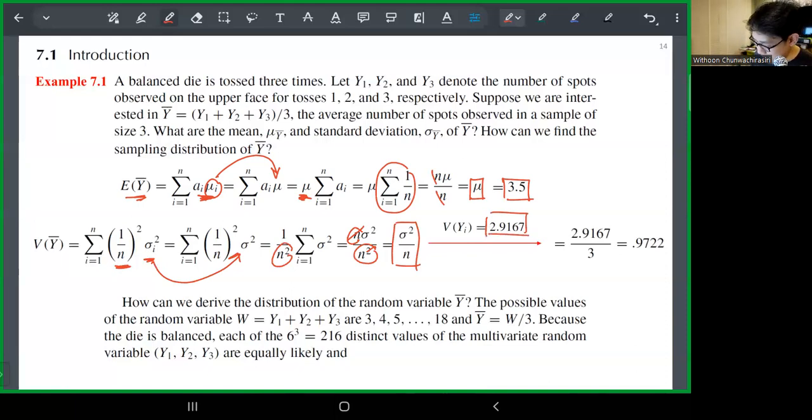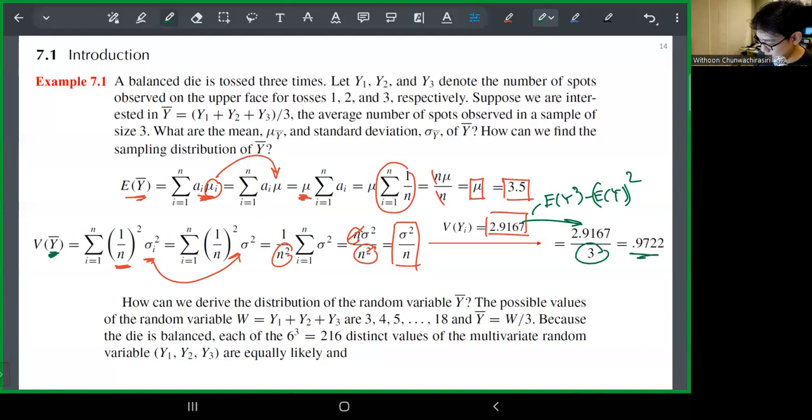You're doing the same thing as before: you find the expected value of y squared, and subtract the expected value of y, the whole thing squared. You take the mean 3.5, and subtract 1 from 3.5, 2 from 3.5, on and on, to calculate the variance of each sample. But it turns out the variance of y bar is that variance divided by 3.